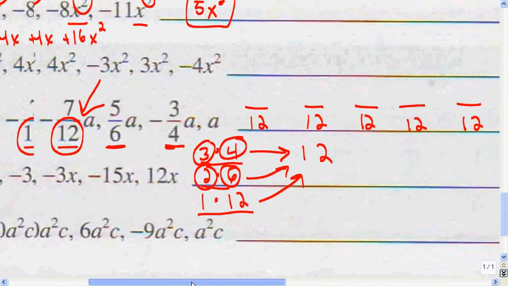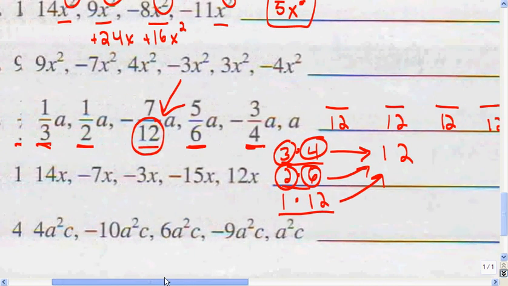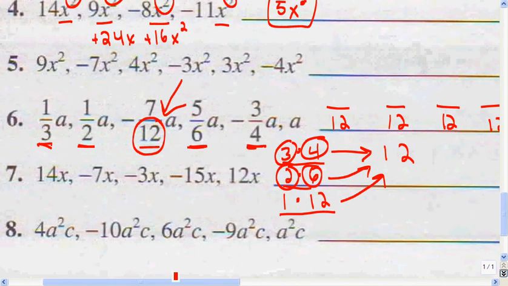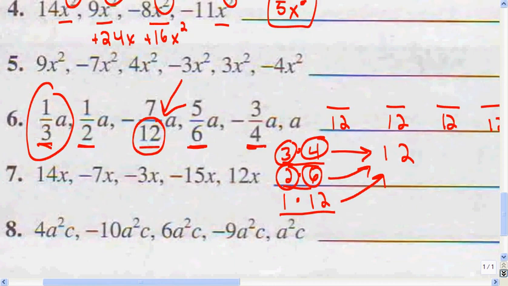Now that we found our common denominator, the next step is figuring out what our new numerators are going to be. Because when you change the denominator, the numerator is also going to change. So we change the denominator in this one. And how do we figure out what our new numerator is? Well, you multiply whatever you multiplied the 3 by to get 12. In other words, what's the other factor of 12 that you multiply by 3 to get 12?